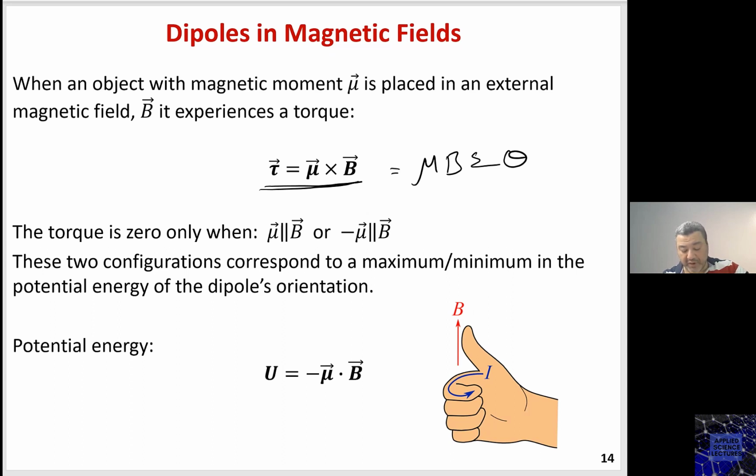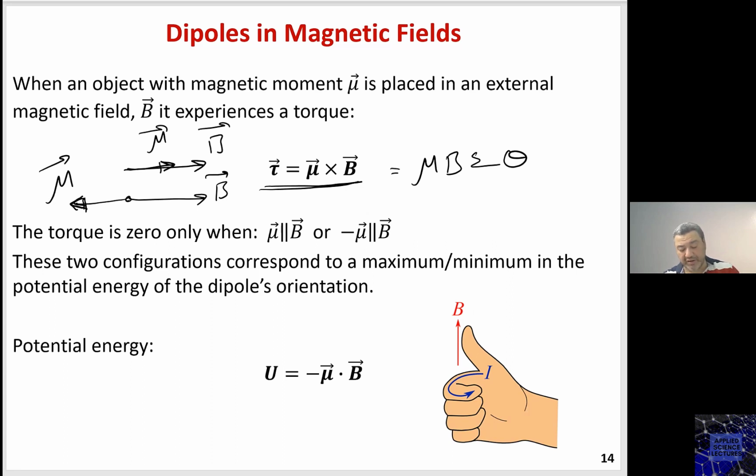We have a stable one where the magnetic dipole moment is in the same direction as the magnetic field, parallel. This is a stable position. And we have another position where the magnetic dipole moment is anti-parallel. In this case, this position is an unstable position.